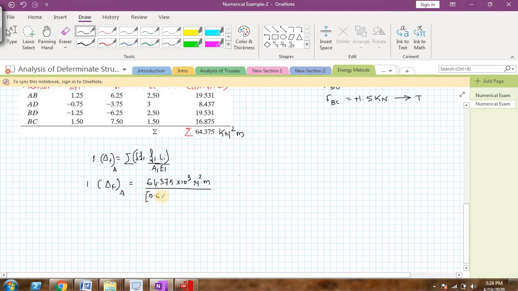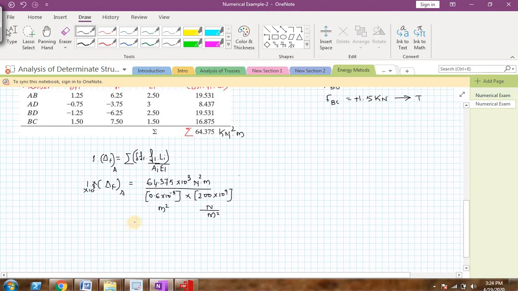So 0.6 times 10 raised to minus 3, okay, so this is in terms of meter square, multiplied by, this also I will represent in terms of newton per meter square, 200 gigapascal it is given. So 200 into 10 raised to 9 newton per meter square. So this one is actually in kilonewtons, so this also I will take in terms of newtons. So 1 into 10 raised to 3.